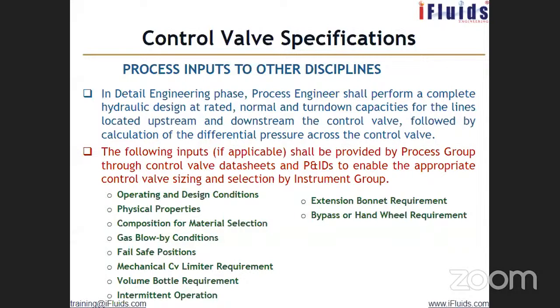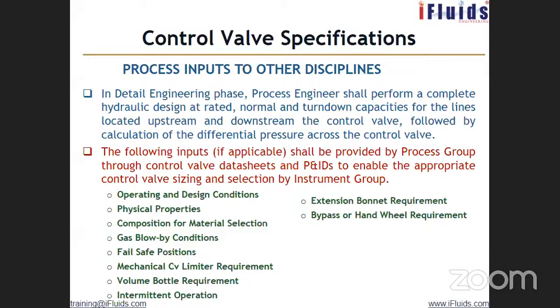So what conditions or data do we give to the other disciplines for the control valve data sheet? For any equipment, we make a data sheet, like pump data sheet, column data sheet, vessel data sheet, compressor data sheet. In the same way we make a data sheet for the control valves also.